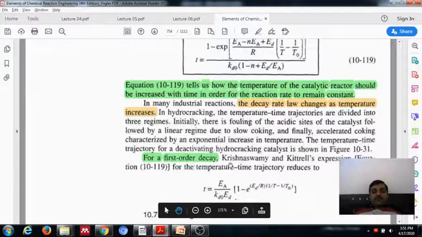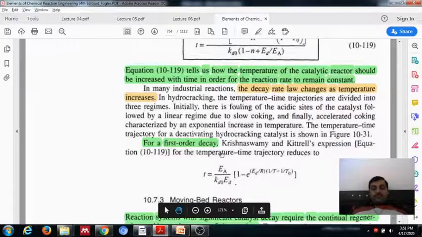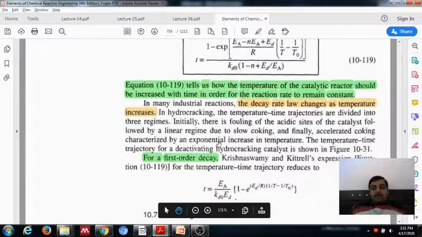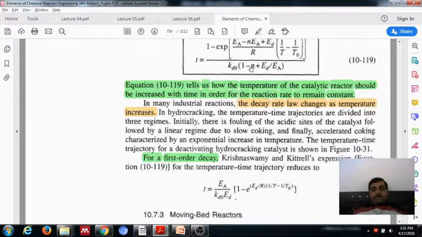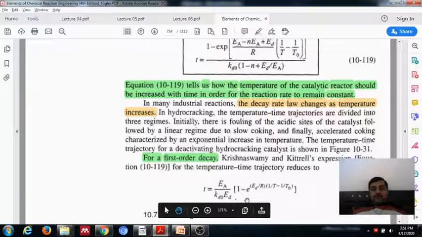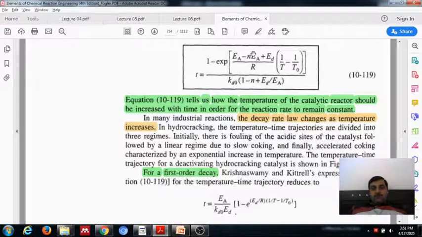For a first order decay, the Krishnaswamy control expression for temperature time trajectories is being given here, where what they are trying to do is kd0 into Ea for first order decay. n is 1, so this becomes 0. n is 1, Ea minus Ea becomes 0.